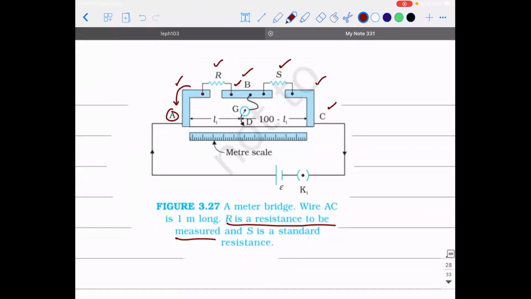Now what is going to happen? The middle of this clamp will have a screw where one end will be connected.